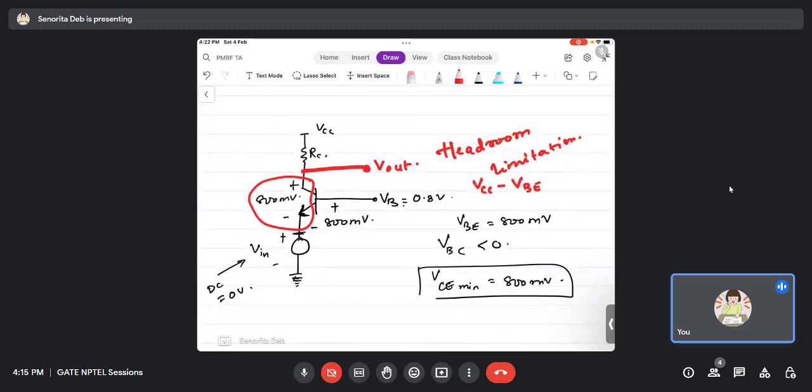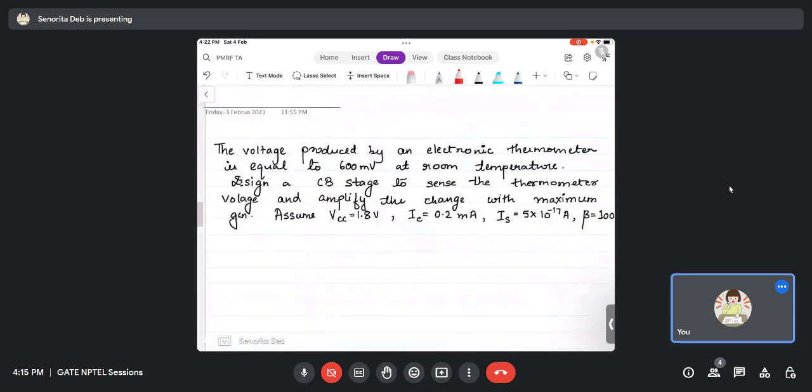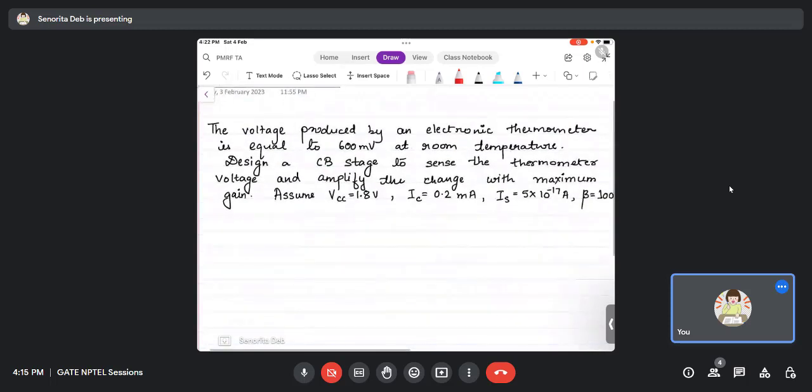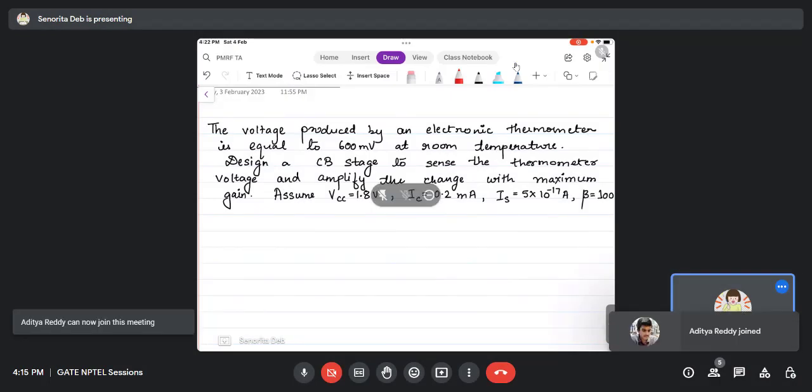So after this, now let us solve a design problem. Please write down this question. The voltage produced by an electronic thermometer is equal to 600 millivolts at room temperature. Design a common base stage to sense the thermometer voltage and amplify the change with maximum gain.